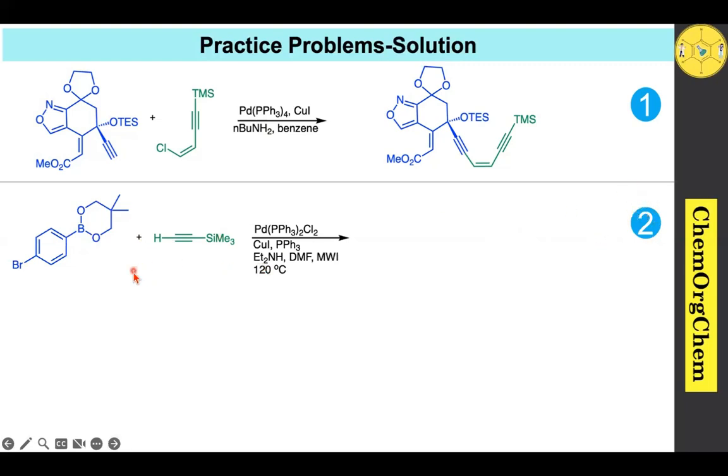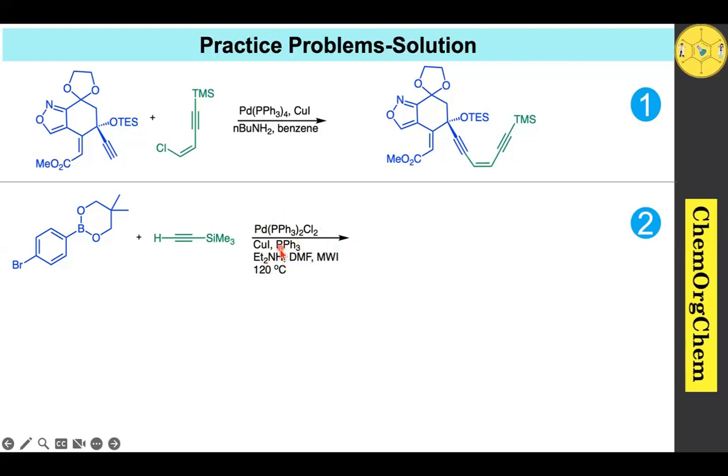Here we are asked to predict the correct product formation for this reaction. Particularly, you should look at this substrate. It is a bromide substituted aryl system, and a boron species is also substituted on this aryl system. Here an alkyne is present, as well as palladium catalyst and copper co-catalyst, with triphenylphosphine as a ligand and diethylamine also present.